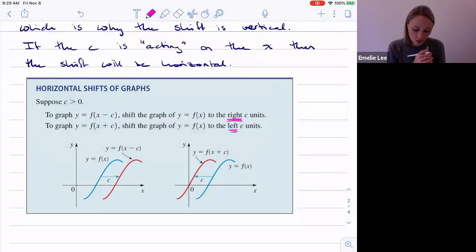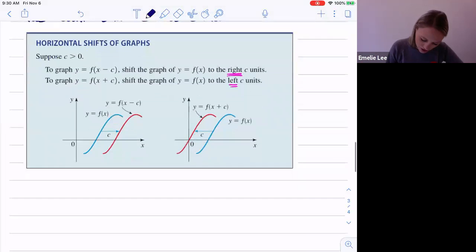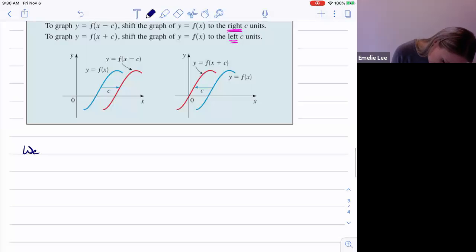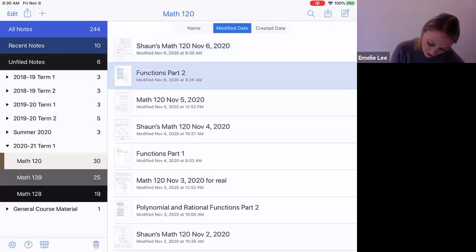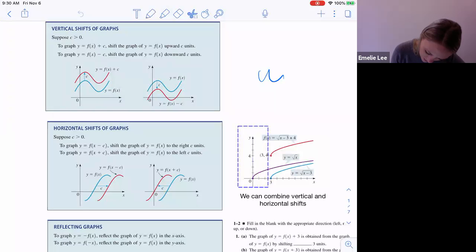Okay. So what we can do, we can combine vertical and horizontal shifts to have something like this. Okay.